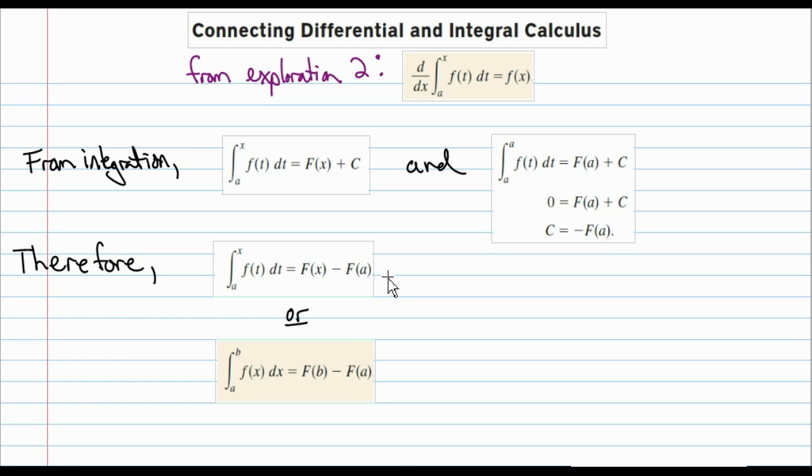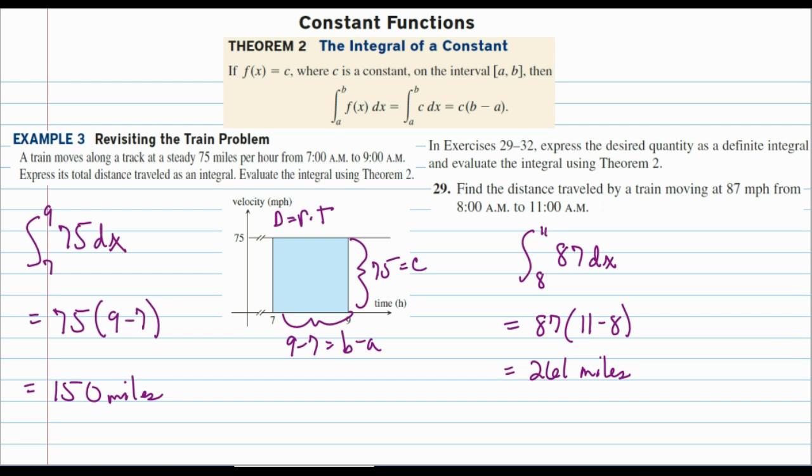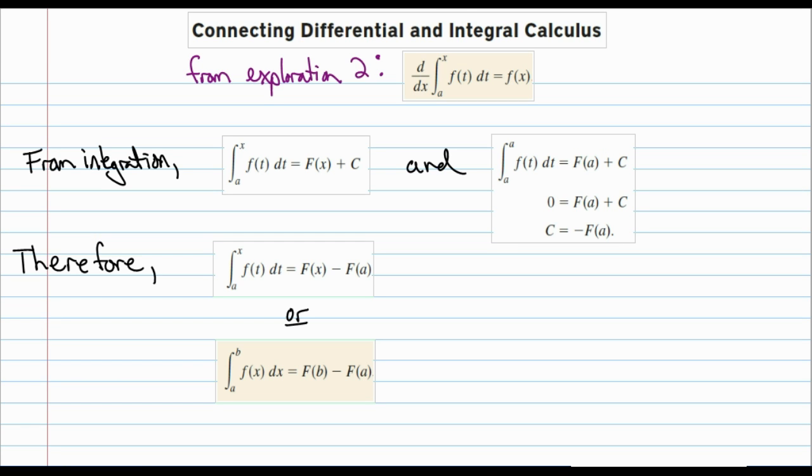So remember in section 5.2, when we learned that the integral from a to b of a constant was that constant times b minus a. So b minus a times the constant, distance equals rate times time, kind of. Well, here's a situation where it doesn't have to work with a constant.